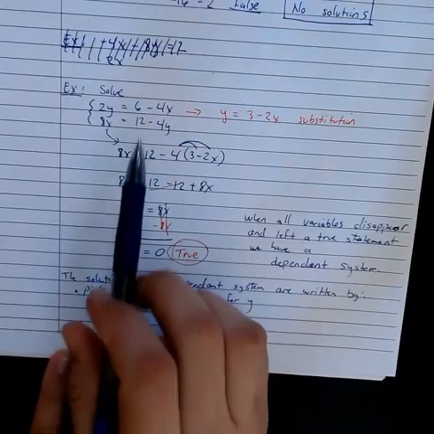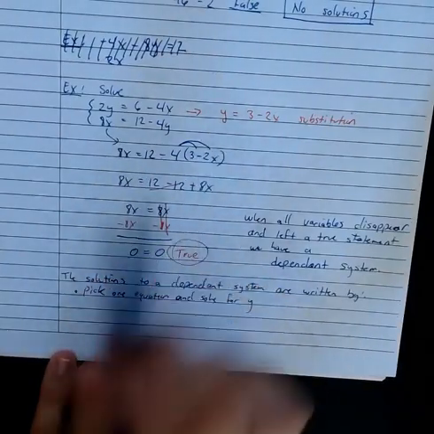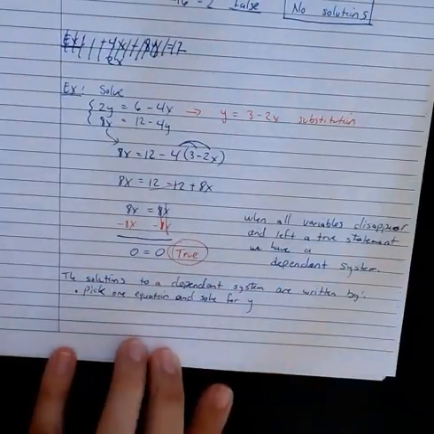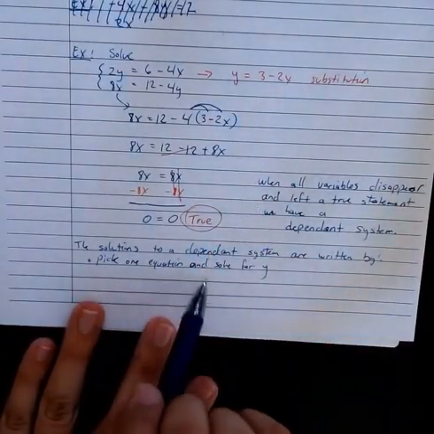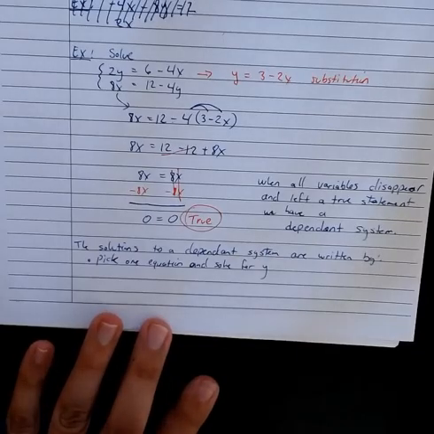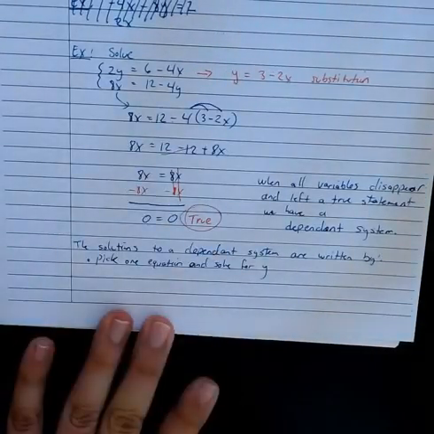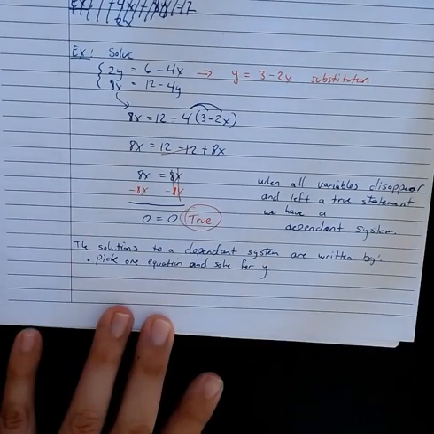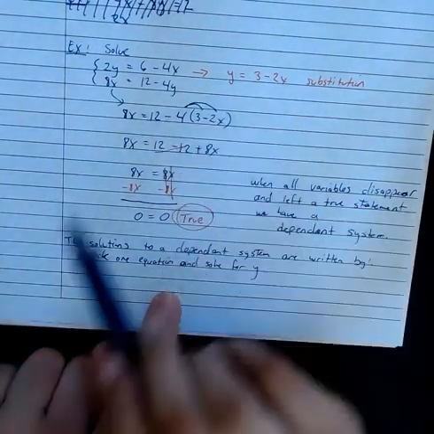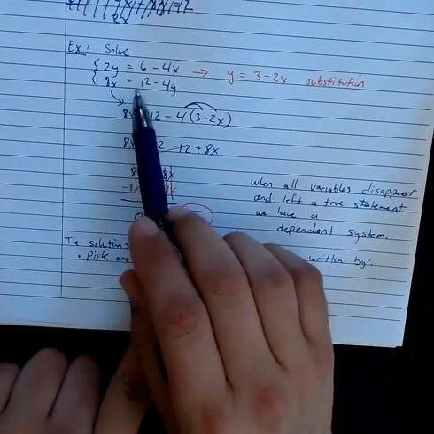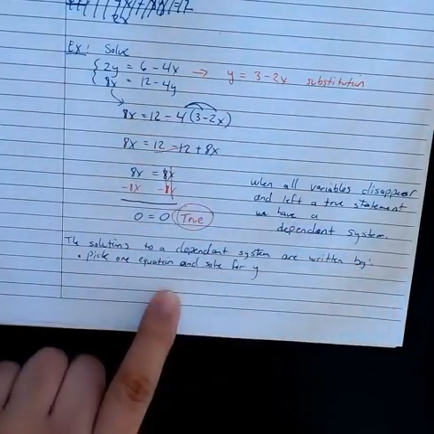If, on the other hand, I had solved for x for my substitution, I'd have to go and solve for y instead. So pick one equation and solve for y. It doesn't matter which one, because since these are dependent equations, that means they overlap. So they both have the same result. They both have the same equation. If you solve for y on this equation, it will look exactly the same.